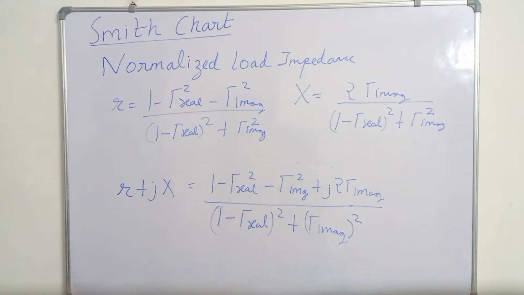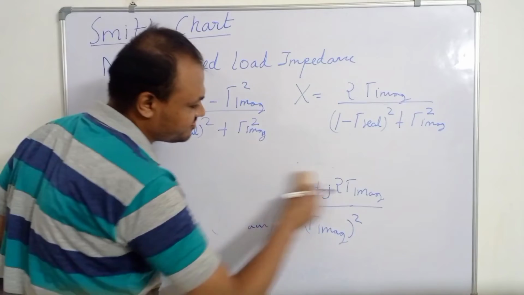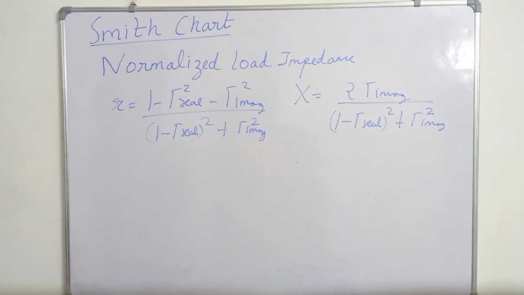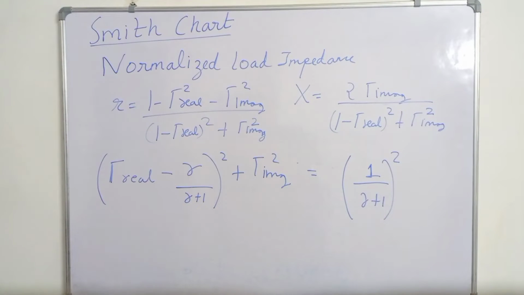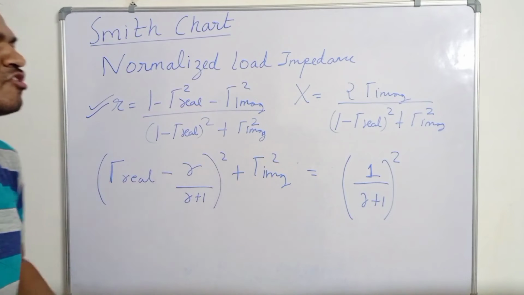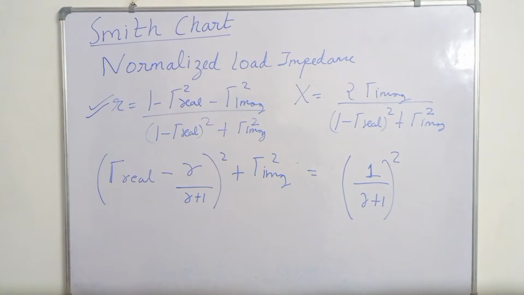So if we rearrange this equation for r, then we get gamma real minus r upon r plus 1 whole square plus gamma imaginary square equal to 1 upon r plus 1 whole square.